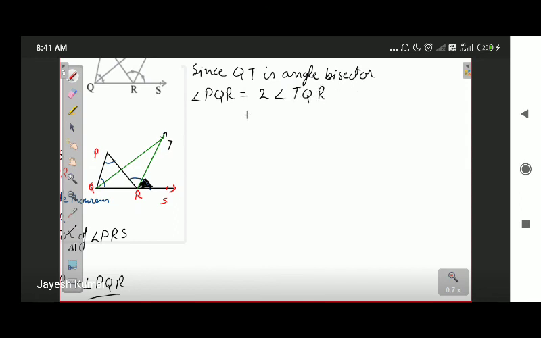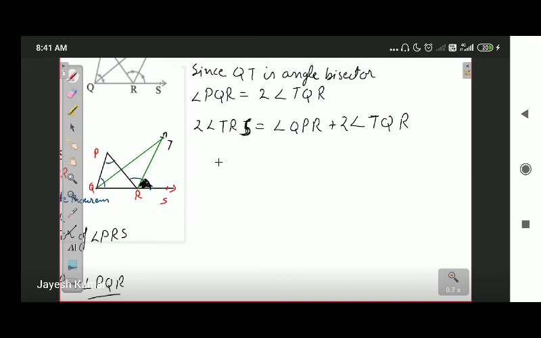Okay, so we'll replace PQR with twice of angle TQR. We had twice of angle TRS is equal to angle QPR plus twice of angle TQR. Now see, this is S.